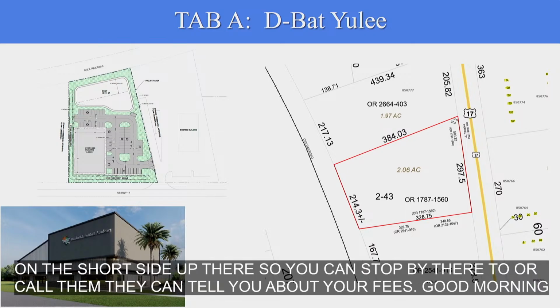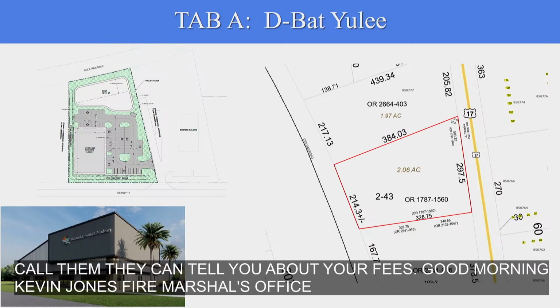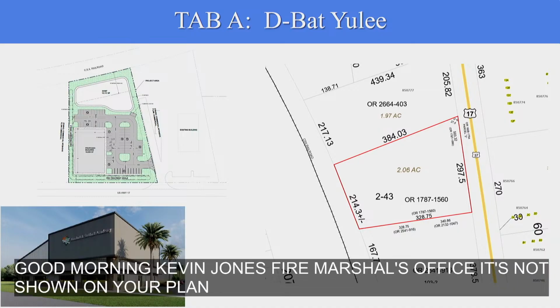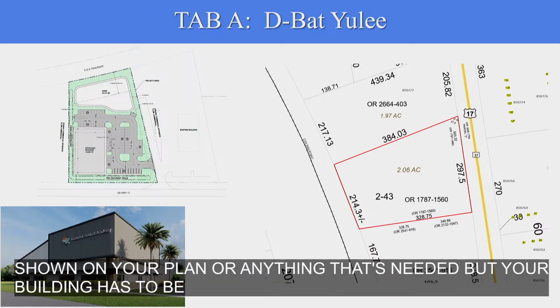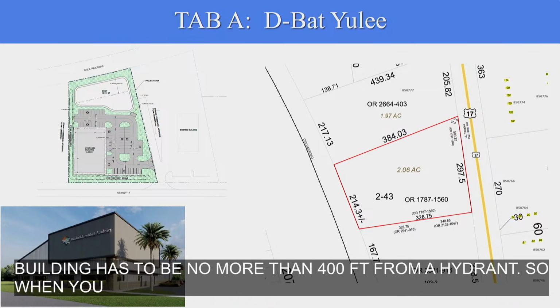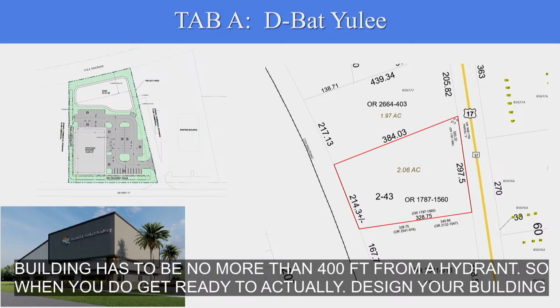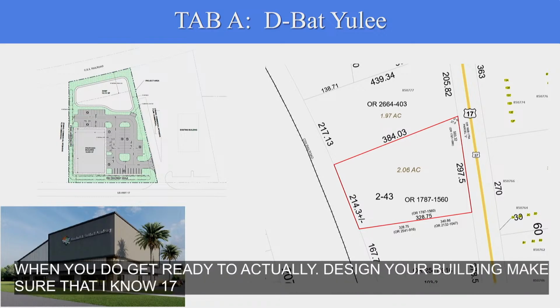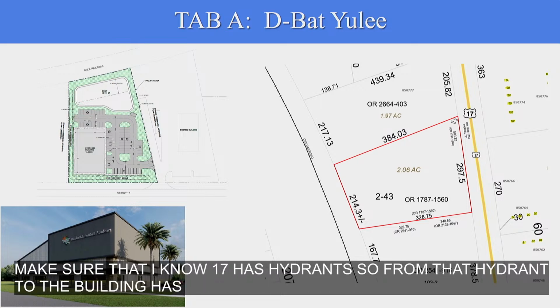Good morning, Kevin Jones, Fire Marshal's Office. It's not shown on your plan or anything that's submitted, but your building has to be no more than 400 feet from a hydrant. So when you do get ready to actually design your building, make sure, I know 17 has hydrants, so from that hydrant to the building can't be more than 400 feet.